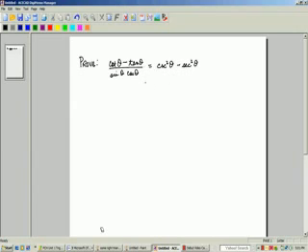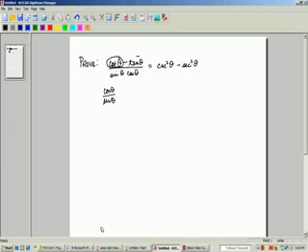So we're going to start off normally with the side that looks more complex. If I look at the left side, I see that there's more simplification that I can do to it than there is on the right side. So I'm going to start here with this fraction, and the first thing is I see cotangent theta. I'm going to rewrite cotangent theta as cosine theta divided by sine theta.